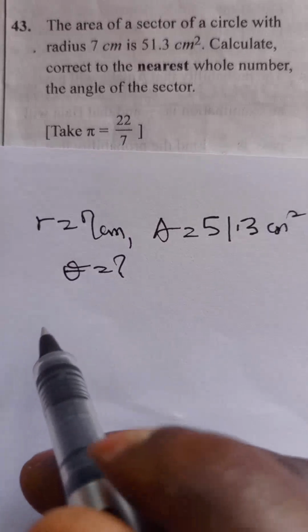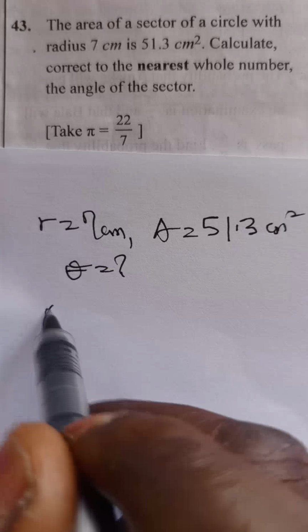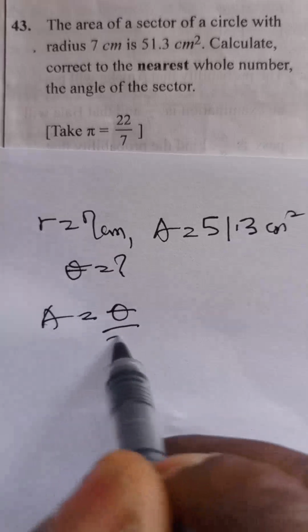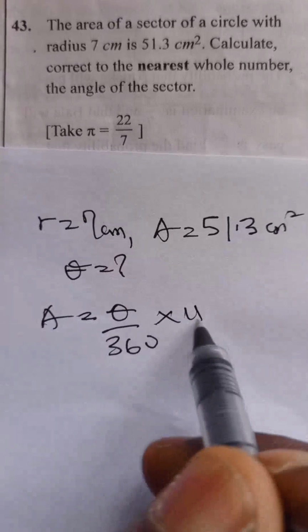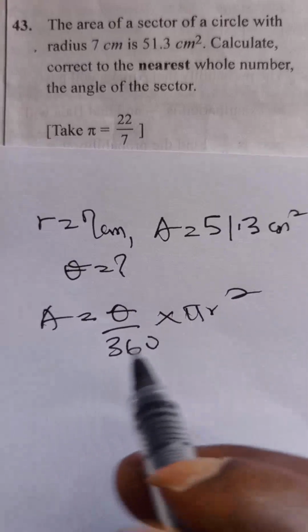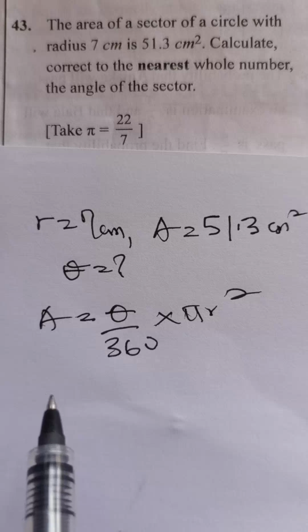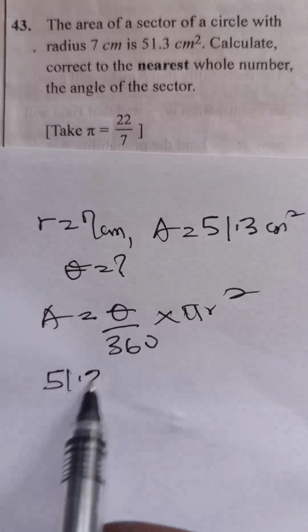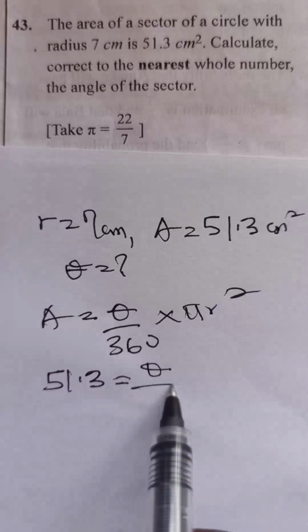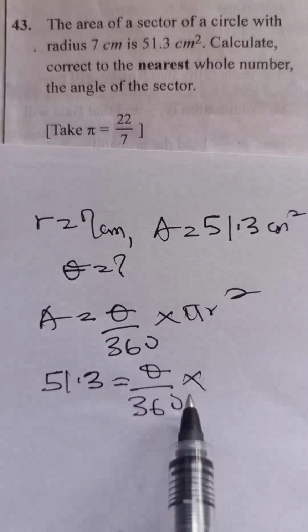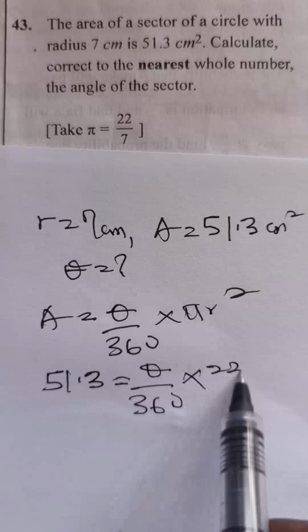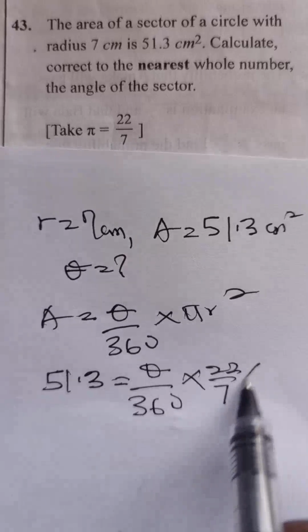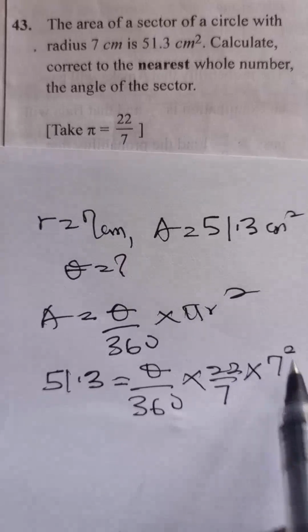This is very simple and straightforward. The formula for calculating the area of a sector is theta over 360 multiplied by pi r square, and we are given the area already to be equal to 51.3, which is equal to theta over 360 multiplied by, you are given pi to be equal to 22 over 7 multiplied by the radius, which is 7 square.